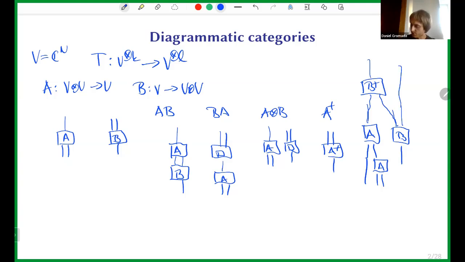So it allows you to describe these compositions in a diagrammatic way.